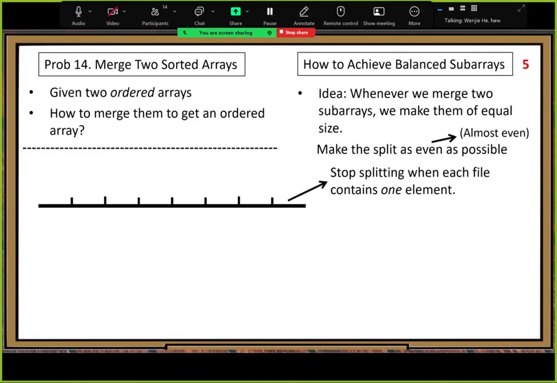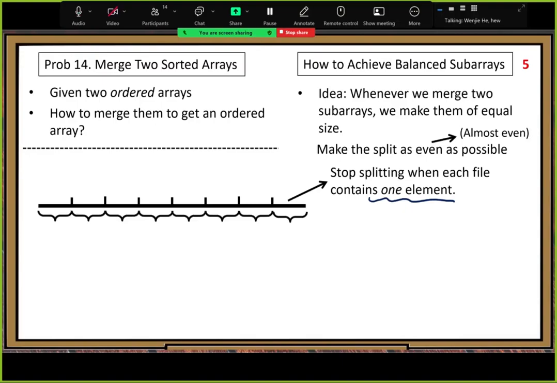What is the last step? Each subarray only contains one element. Then you cannot split anymore, right? Each subarray can only have one element, then you have to stop.